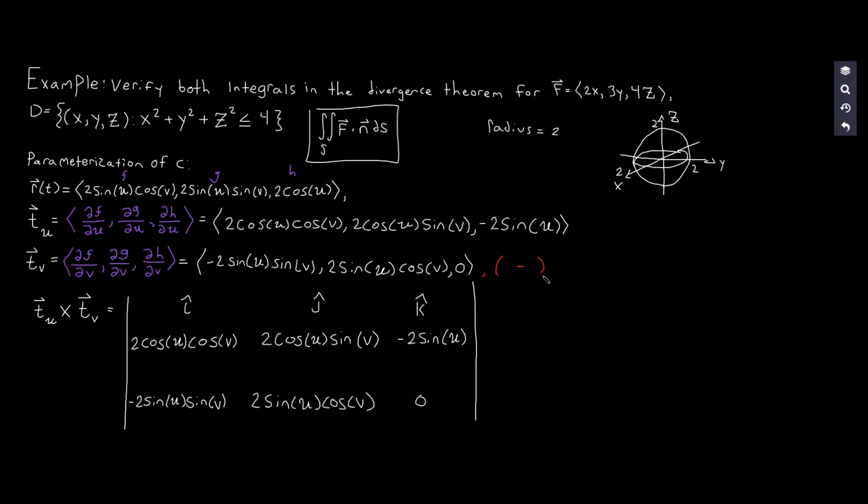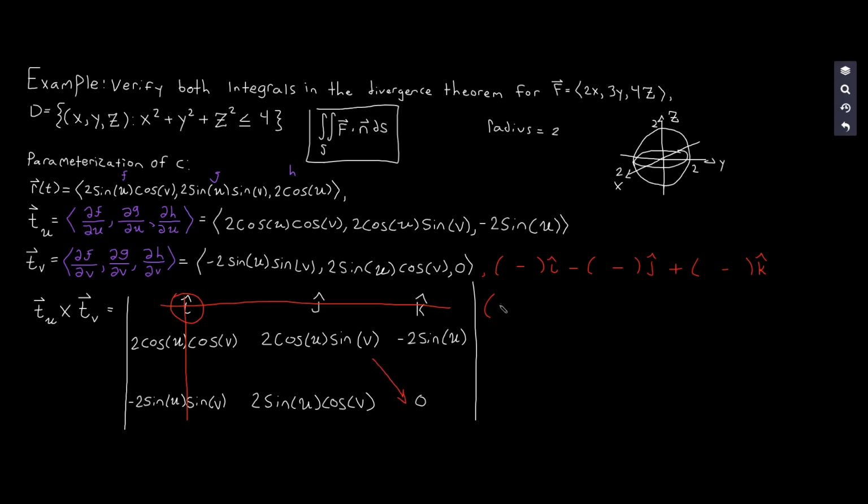Something minus something i hat minus something quantity j hat plus something minus something quantity k hat. Let's start by evaluating the cross product. We'll begin with i hat. So I'm going to cross the way down, and I'm going to cross the way to the side. That's going to be 2 times cosine of u times sine of v times 0.